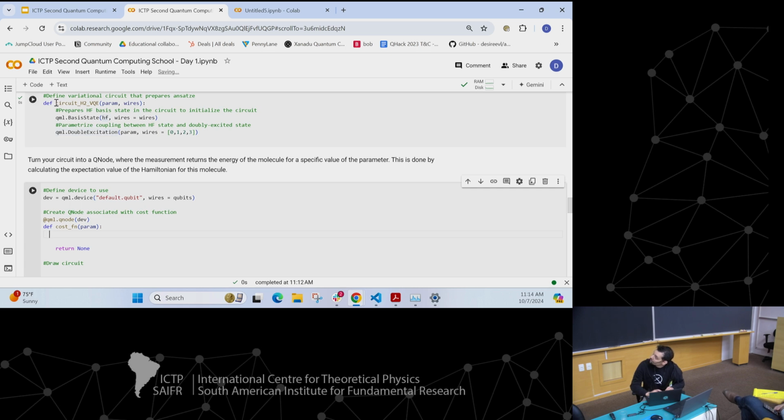As part of our cost function, we need to run this quantum circuit, so I'm just going to copy it here. The wires are going to be all of your qubits. So instead of writing out 0, 1, 2, 3, you can just say range of qubits, qubits here being the number 4.